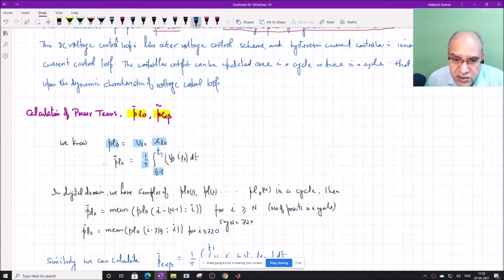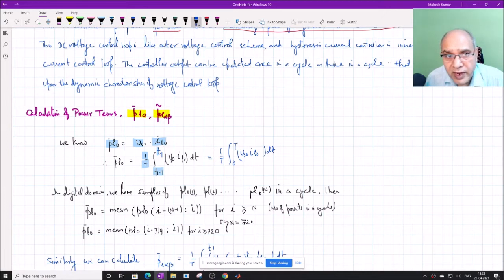Now why do I use T1 minus T to T1? We can also use it like 1 by T, simply 0 to T, Vs0, IL0 dt. We did not use this. Basically it means that we have to define a point where T is equal to 0 and wait till it becomes T. So we have to wait for one cycle.